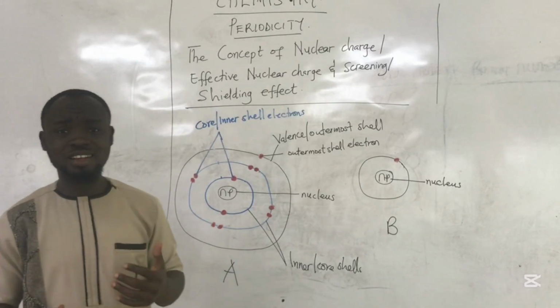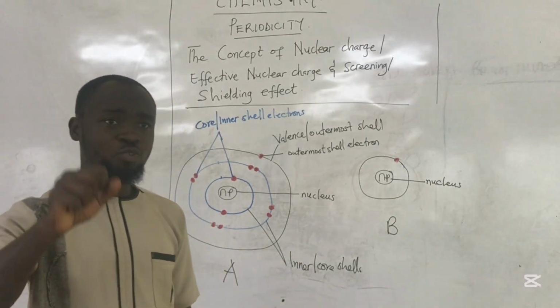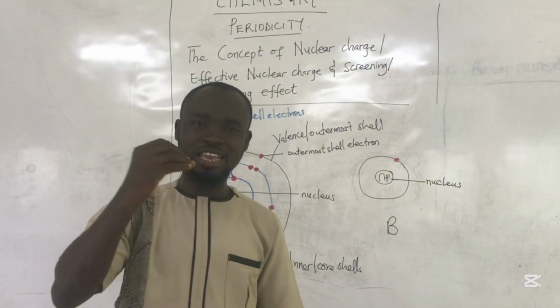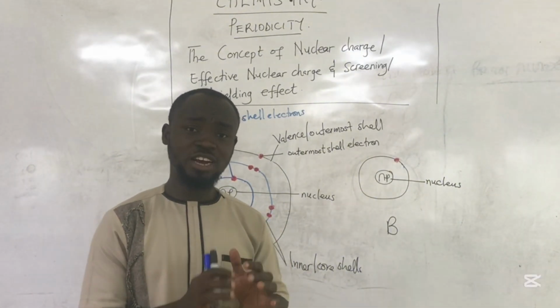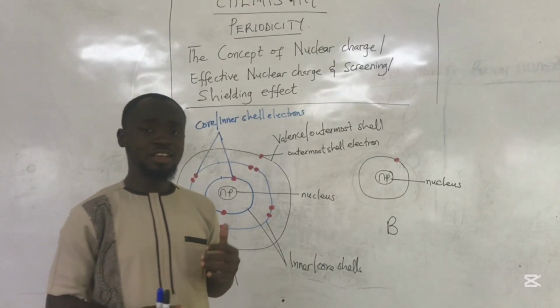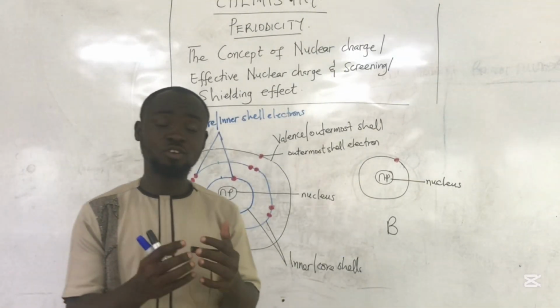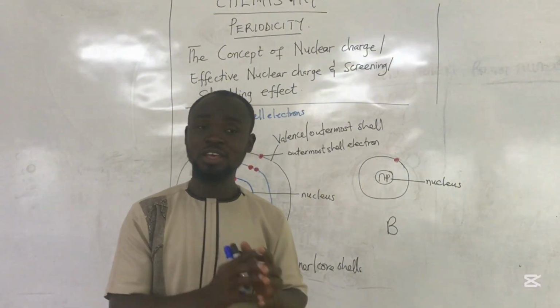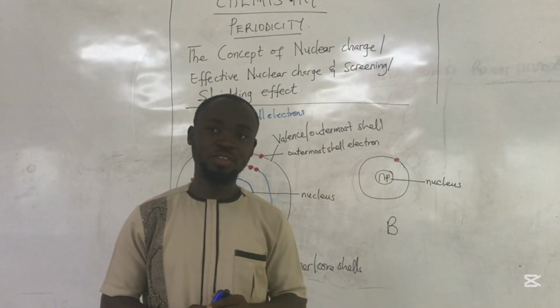So the nuclear charge is a force of attraction exerted from the proton onto the electrons in an atom. Is that okay? That is the nuclear charge. The force of attraction that a proton exerts on the electrons, regardless of the shell that they are located on. That is the nuclear charge. Is that okay? Alright.